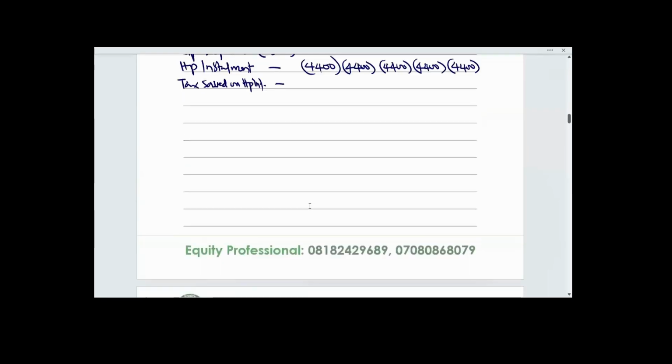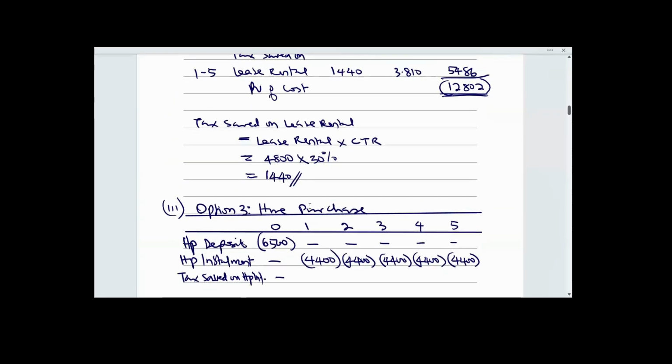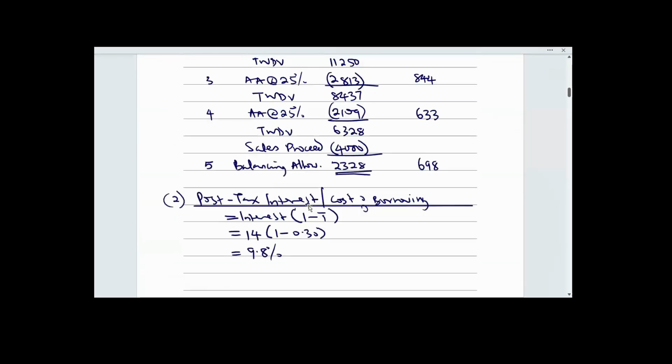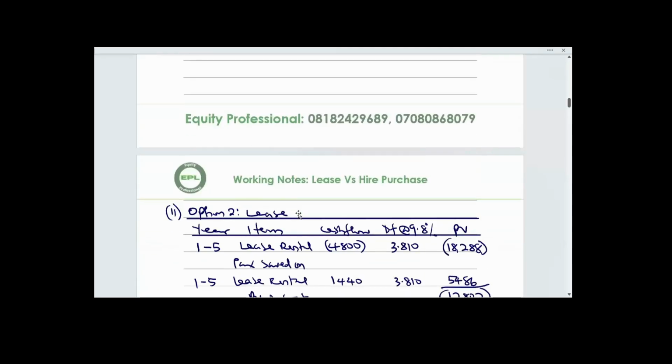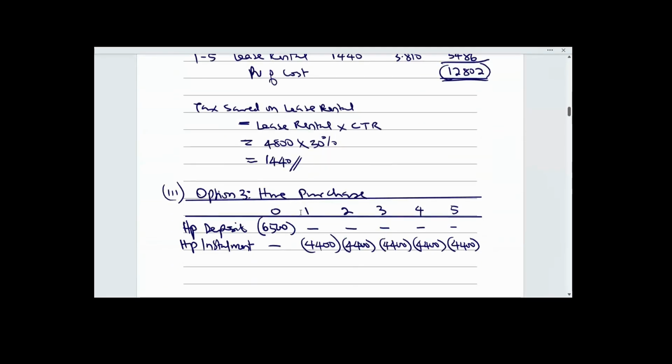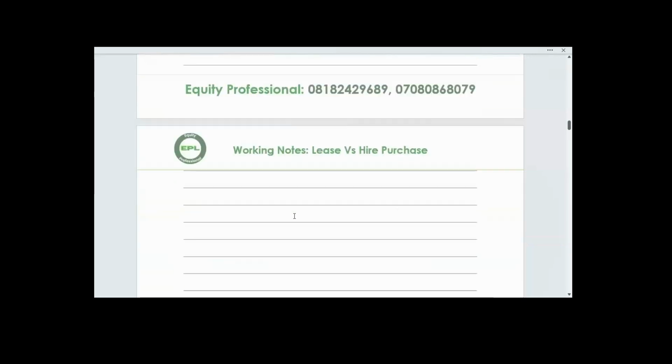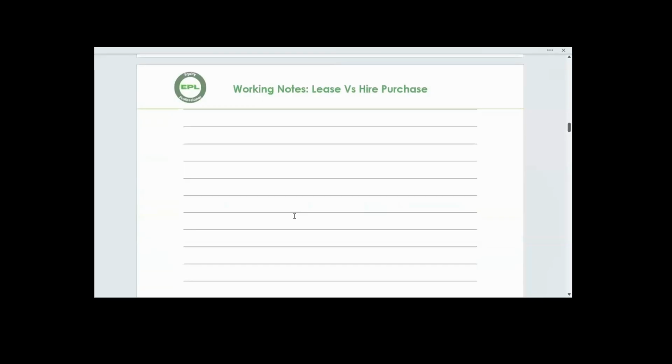We stop at working number 3. Then working number 4, tax saved on HP interest.